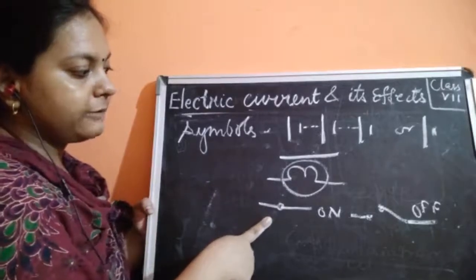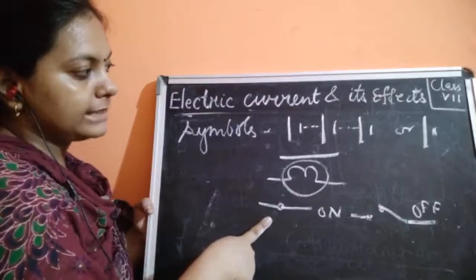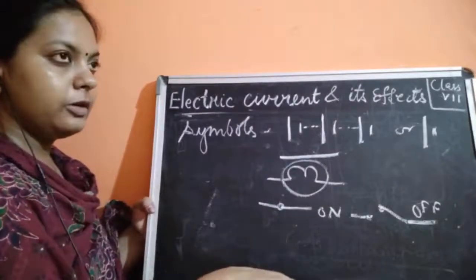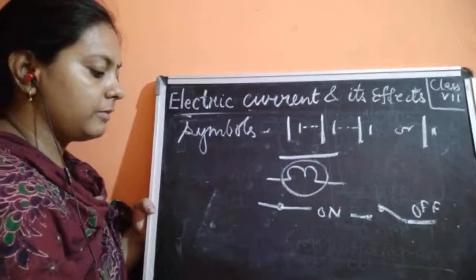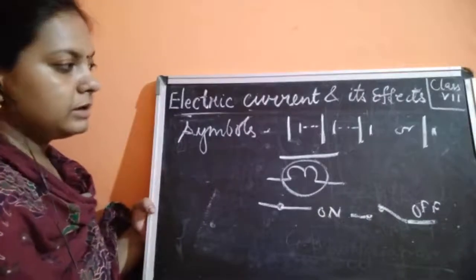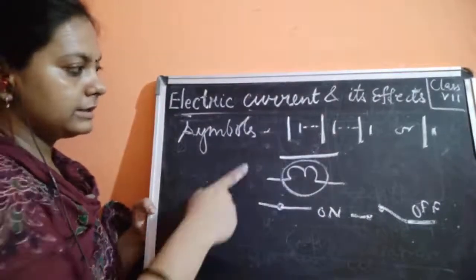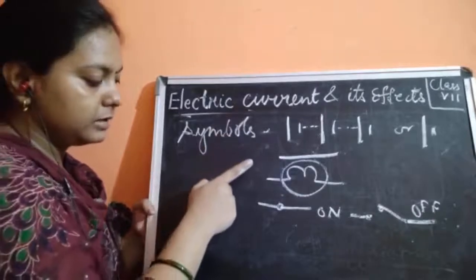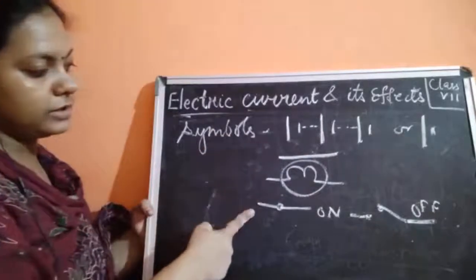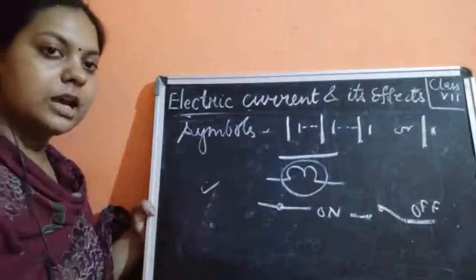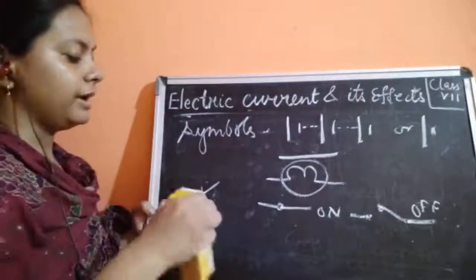What else is left? I have already completed this. So the components of a circuit here are the cell, the battery, the wire, and the switch in on and off condition. These are the simple symbols which you could use for drawing a circuit diagram.